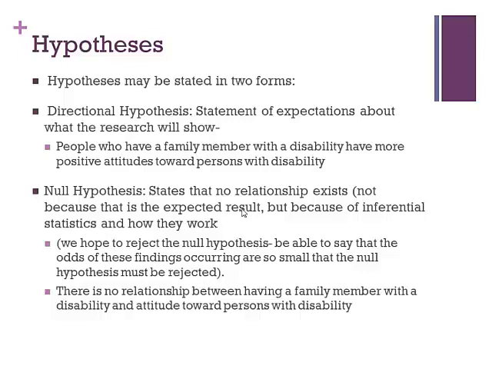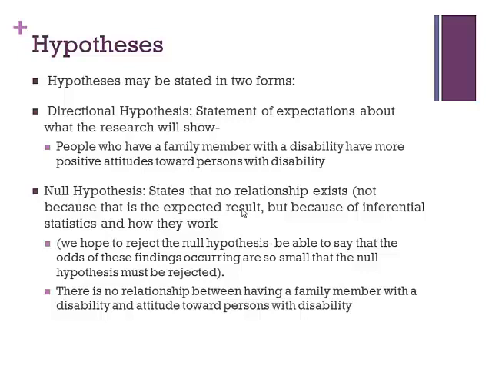Null hypotheses are statements of no relationship. They state that no relationship exists, and this is not because this is what we expect to find in our results, but because of the way that inferential statistics work. And we'll be talking in a couple of weeks about inferential statistics, and we'll be talking about null hypotheses. But basically, what we try to do is reject the null hypothesis.